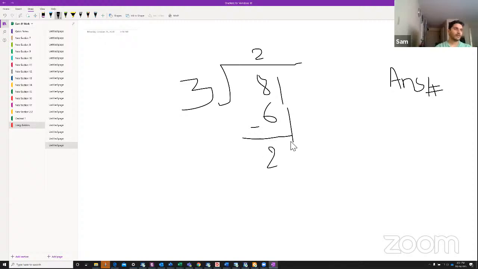Then you can drop down that 1, so make it 21. If you divide 21 by 3, that will be 7. 3 times 7 is going to be 21. 21 minus 21 is 0.